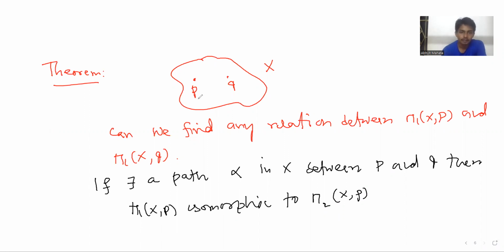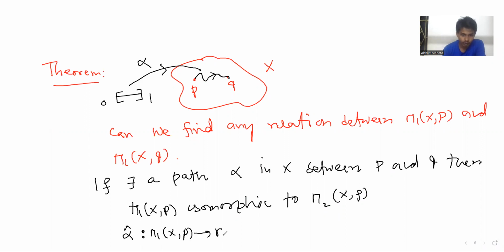You consider a path alpha, a continuous map from the closed interval 0, 1 to x. We define alpha hat from pi 1 of x comma p to pi 1 of x comma q. How? Here we take a loop at p in x, maybe the loop is this, and so you have a continuous map.